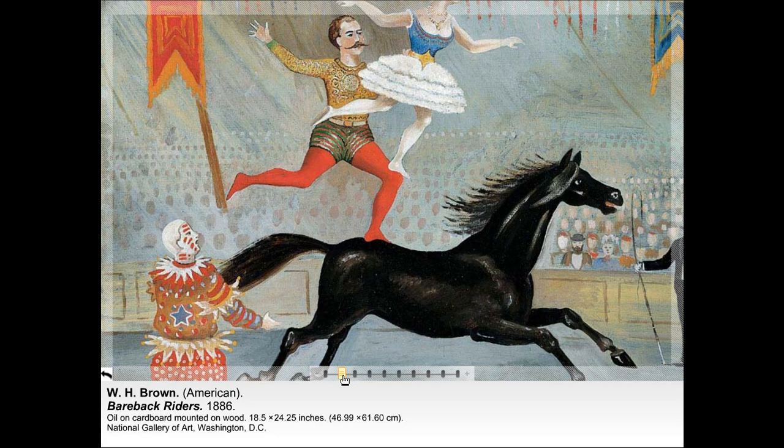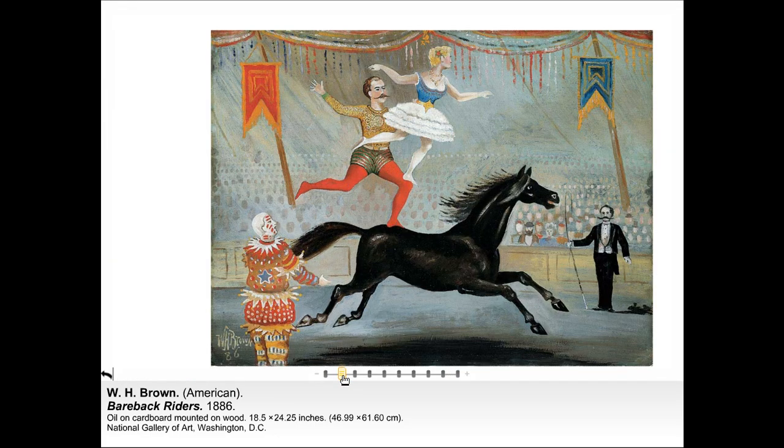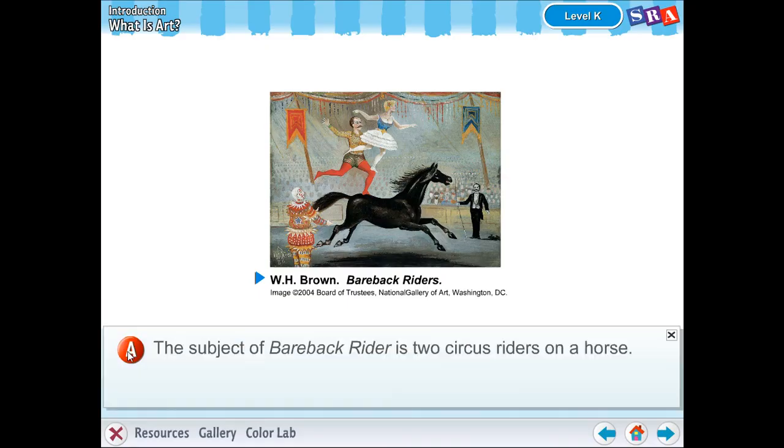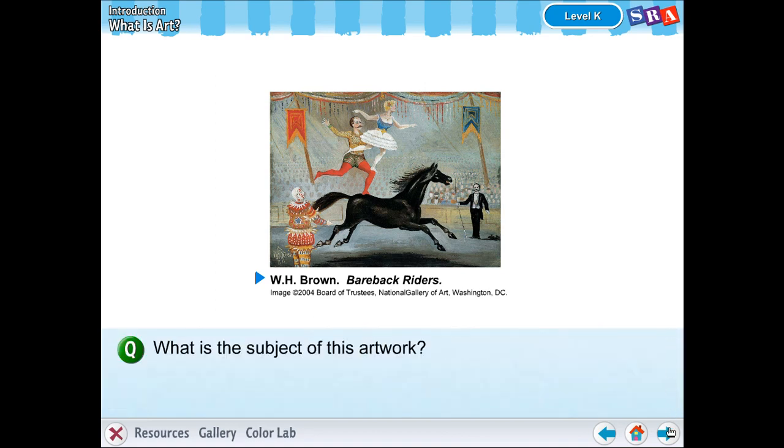I'm going to zoom out so that you can see it better. Let's see. What is the subject of this artwork? The name of this artwork is called Bareback Riders. The subject of Bareback Riders is two circus riders on a horse. You're right.